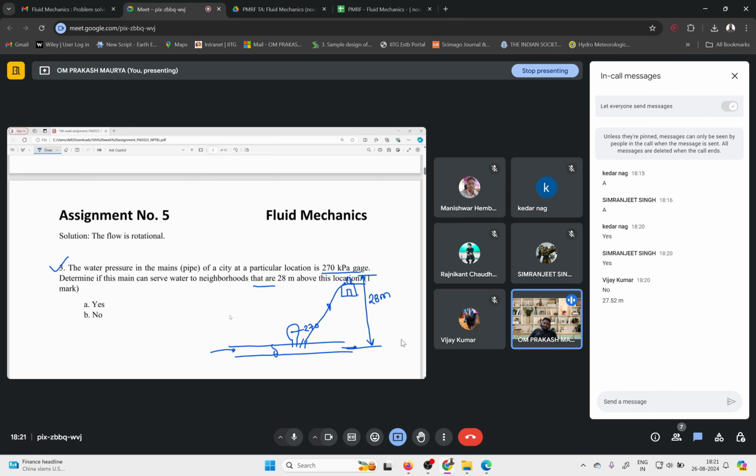Vijay is telling 27.52 meter. Okay. I think at house level the pressure is 27.52.